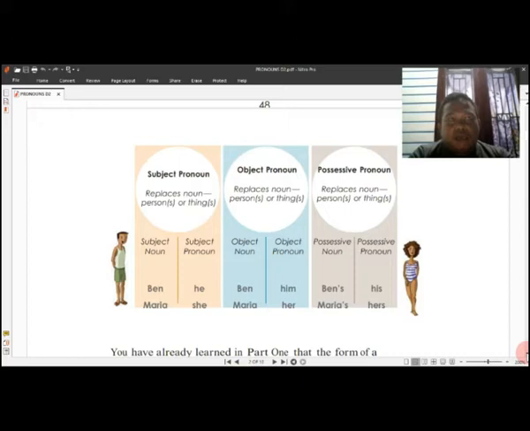I already mentioned also how many of them there are, right? So Ben's as the possessive noun becomes his in the possessive pronoun, and Maria's in possessive noun becomes hers in possessive pronoun, whether as subject or object. Okay, so let's continue.